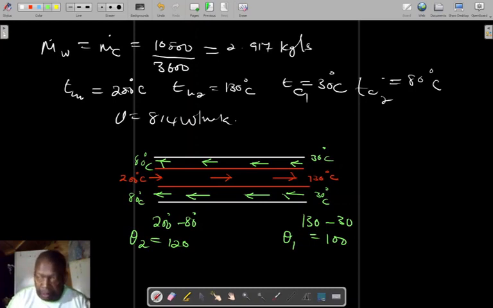So, and we know that our LMTD is equal to theta 2 minus theta 1 over ln theta 2 over theta 1.